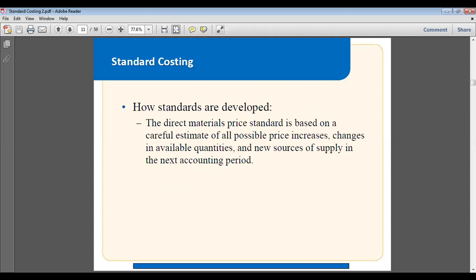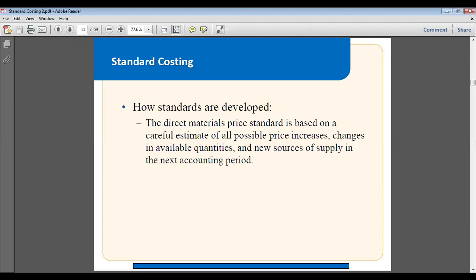Direct material price standards are based on careful estimation of all possible price increases, changes in available quantities, and new sources of supply in the next accounting period. So direct material cost is basically the cost of all materials that we have to procure.